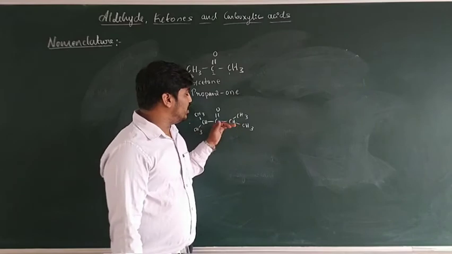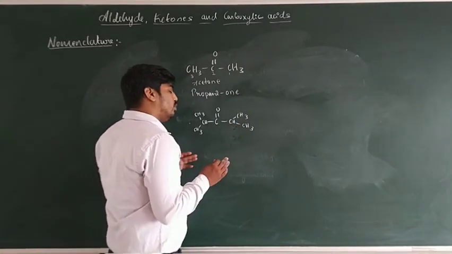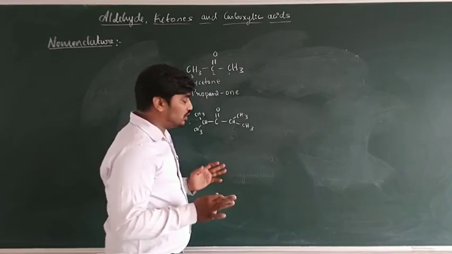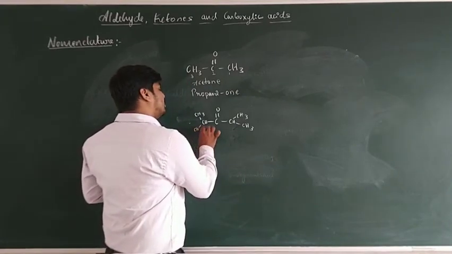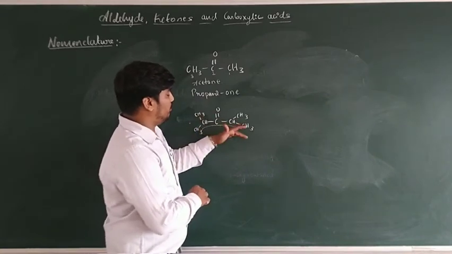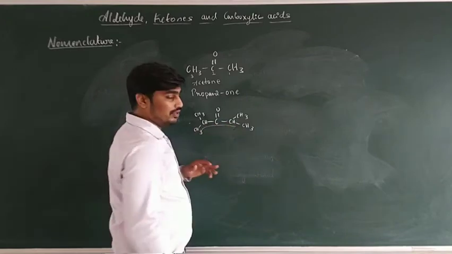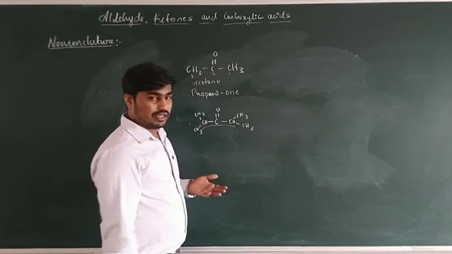What is the IUPAC name of this compound? In the IUPAC system, first we select the longest chain, and the longest chain should contain the functional group. Yes, this is the way of selecting the long chain. Here we observe 1, 2, 3, 4, 5 carbons in the long chain. Therefore, it is the correct way.